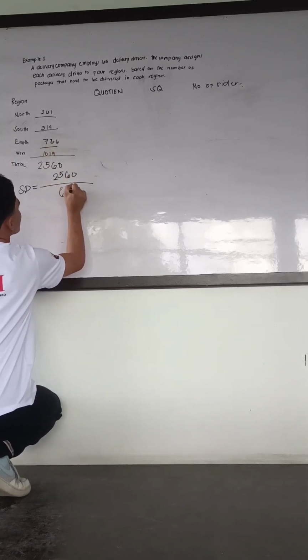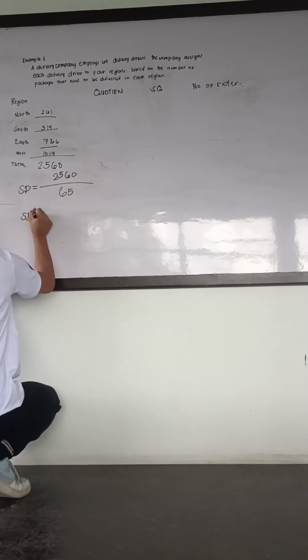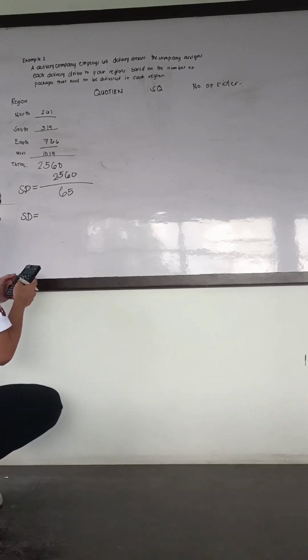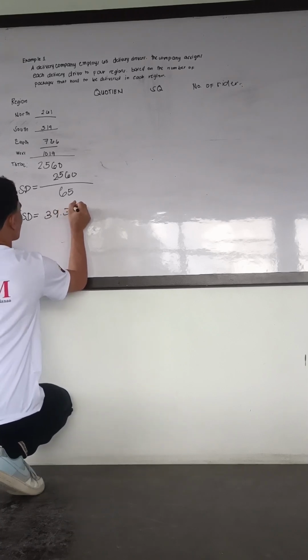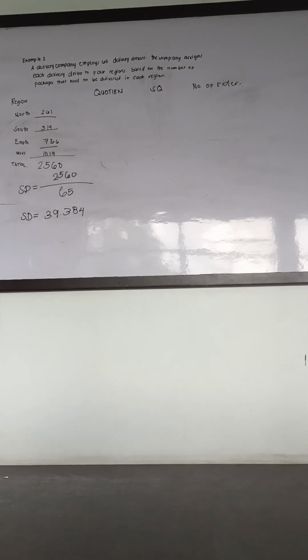2,560 divided by 65 delivery drivers. So for the standard divisor, we have 39.384. So that's the standard divisor.